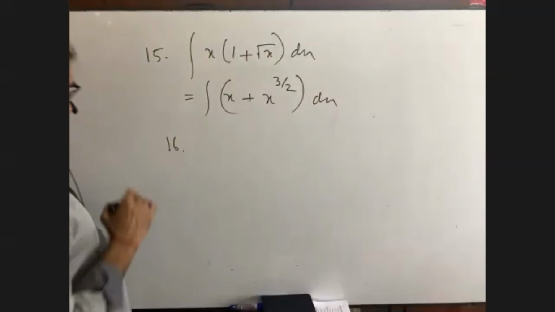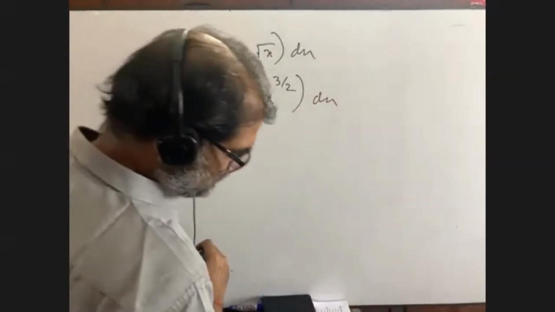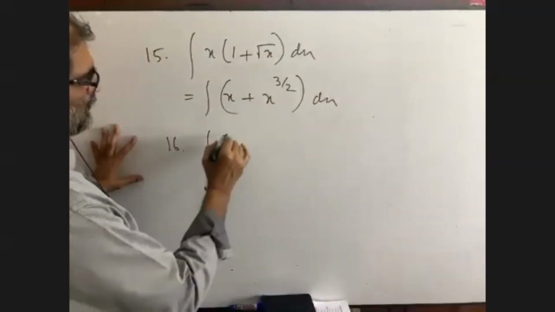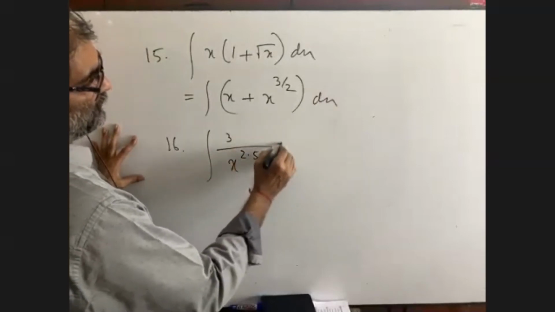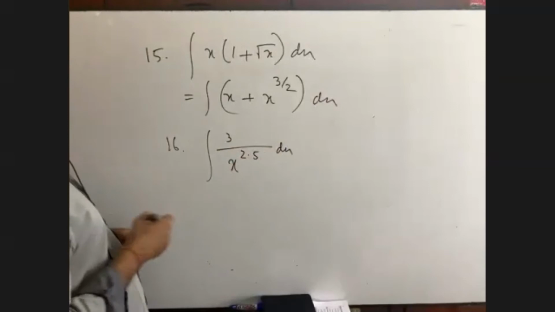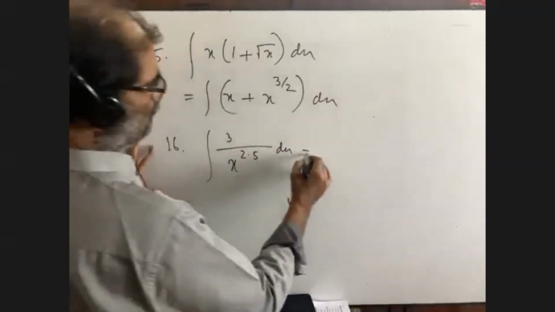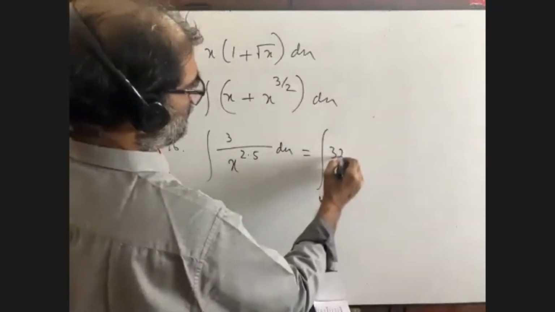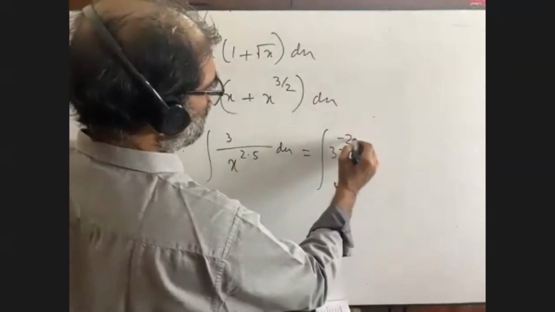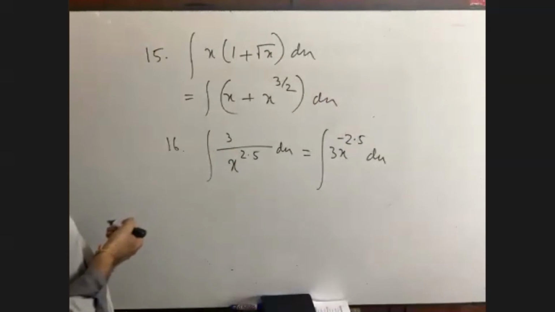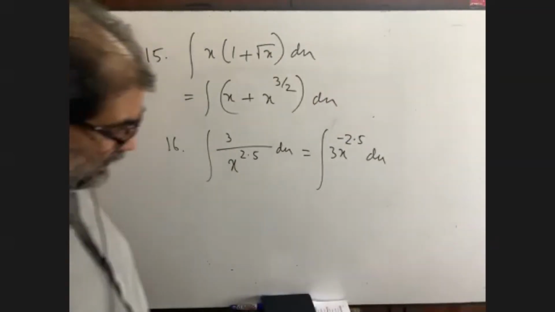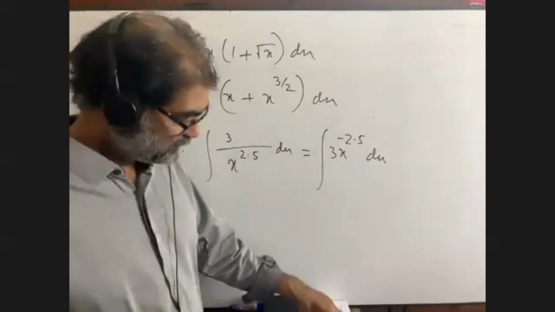Number 16. Same thing. 3 by x to the power 2.5 dx. You can do it. What will you do? 3x to the power minus 2.5 dx. Now you put it into the formula, then you will get the result. Okay, that's good.